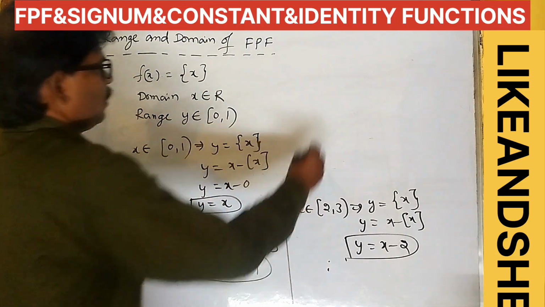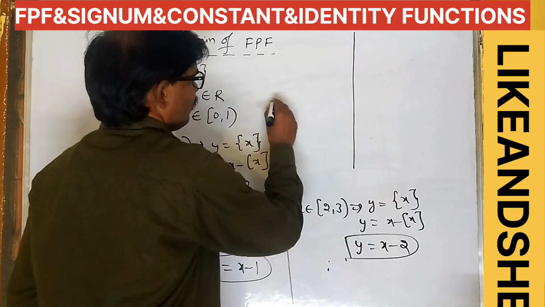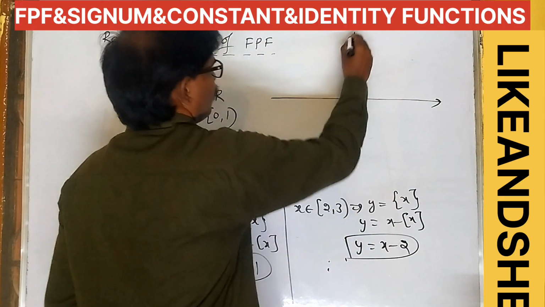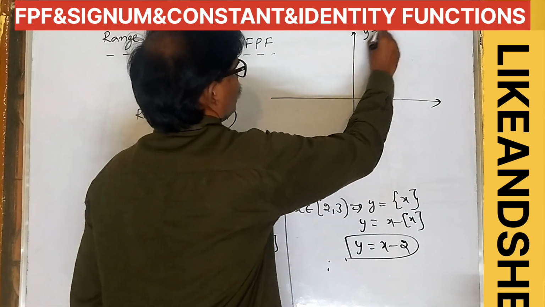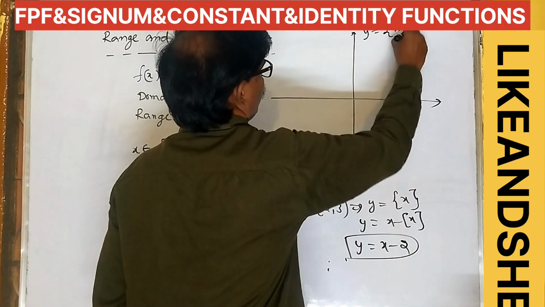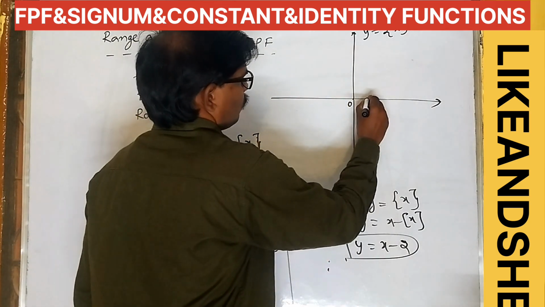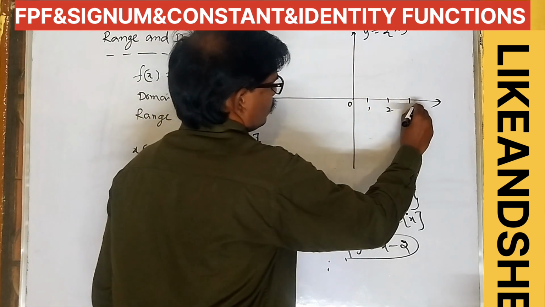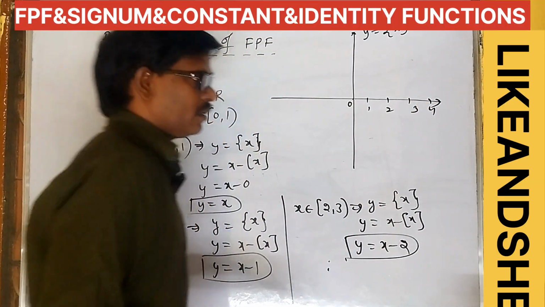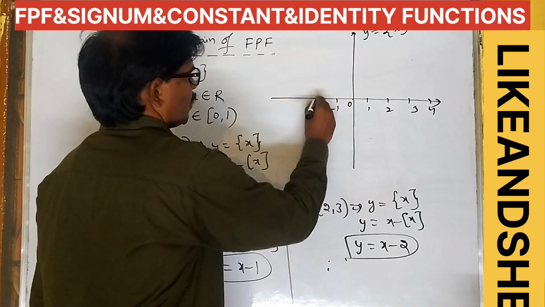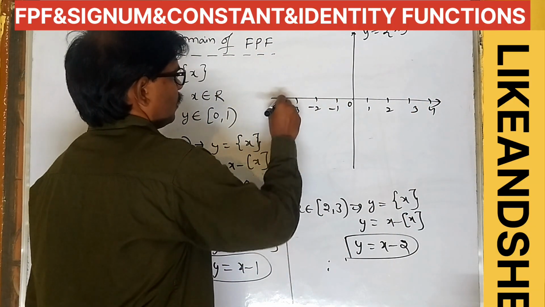Okay, now draw the graph of the fractional part of x, y is equal to the fractional part of x. Here mark 0, 1, 2, 3 and 4, and on the other side minus 1, minus 2, minus 3 and minus 4.